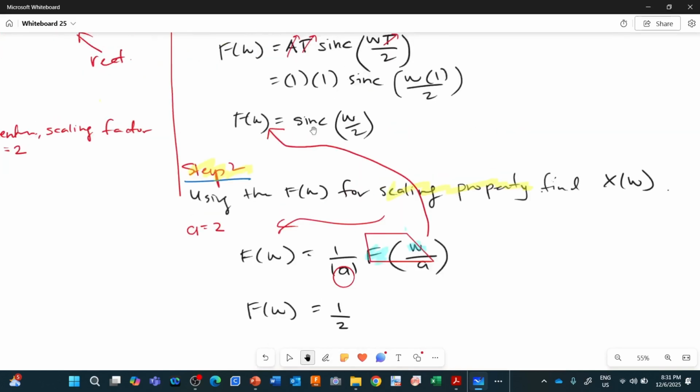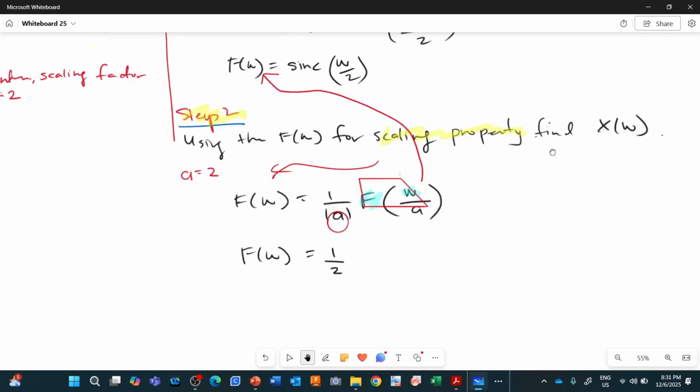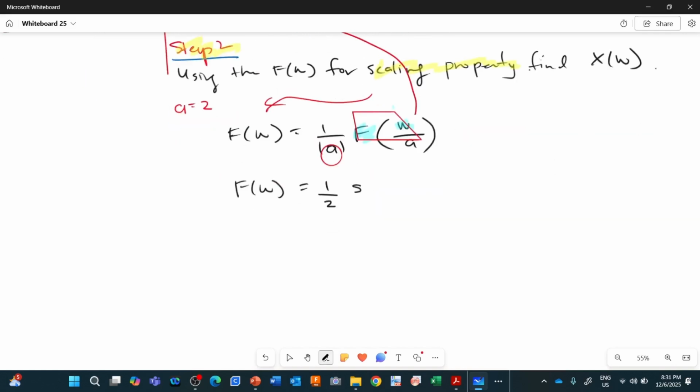Sinc omega over 2, and then you are going to multiply by 1 over A, which is 1 over 2.